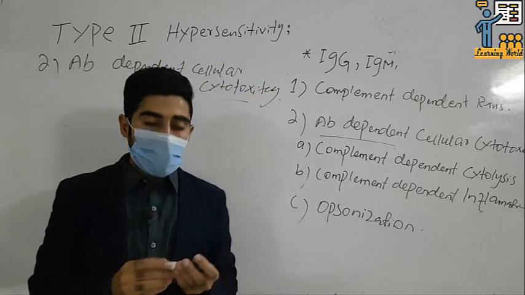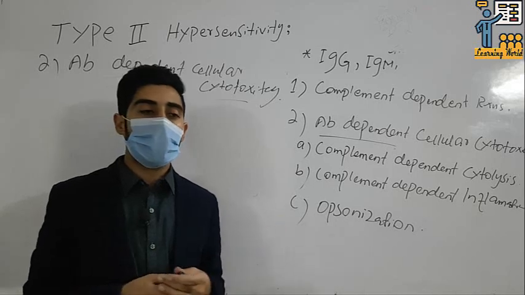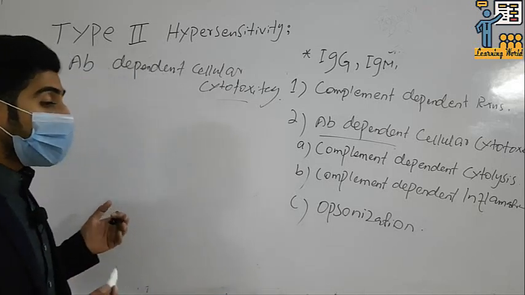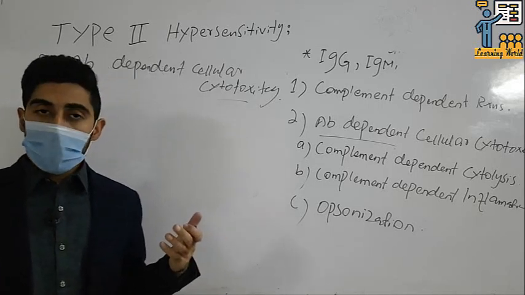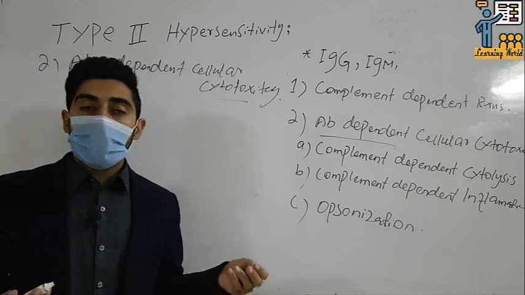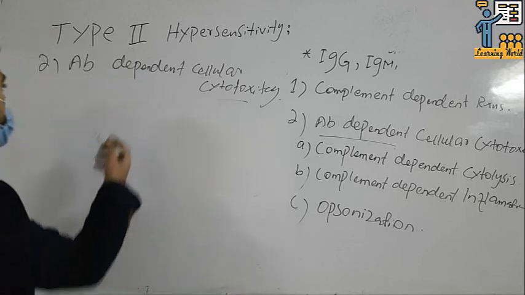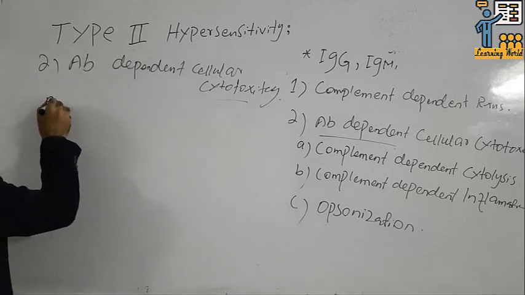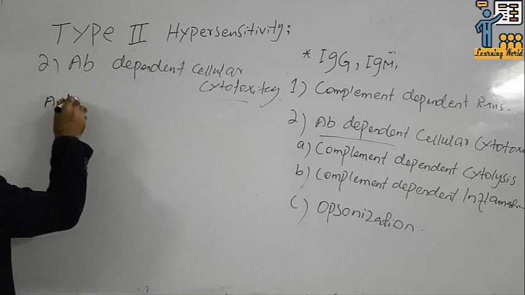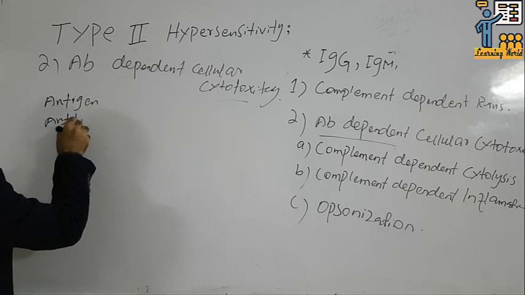Antibody dependent cellular cytotoxicity. When the pathogen enters the host cell, it will form the antigen antibody complexes. The cell which is infected will be engulfed by the natural killer cell, and destruction of this cell will occur. For example, the antigen antibody complex will form.